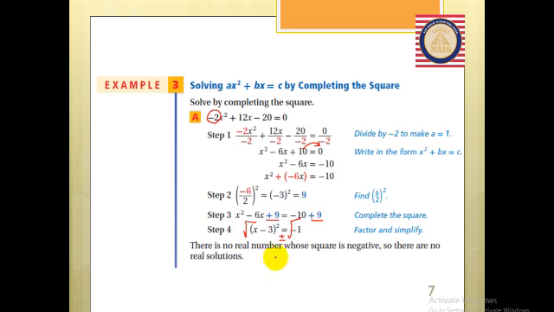No, I don't. There is no real number whose square is negative, so there are no real solutions. Remember from the last lesson, we talked that there is no square root of a negative number for real solutions. Very good.